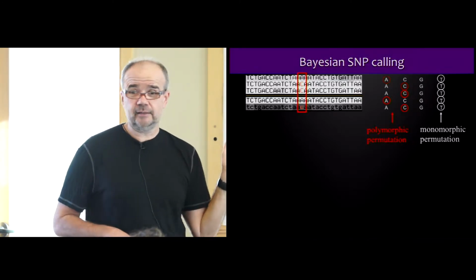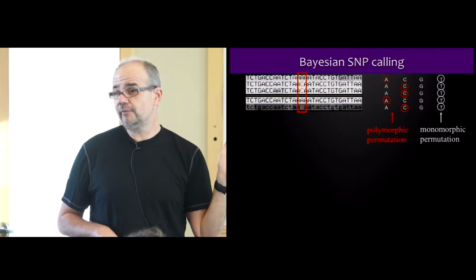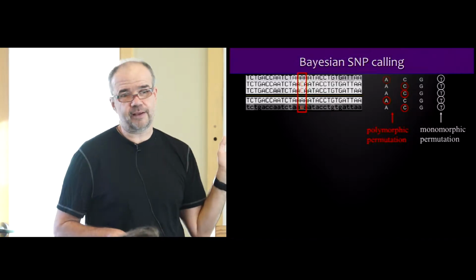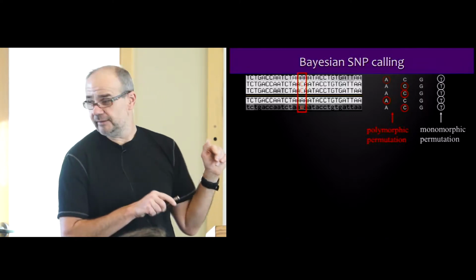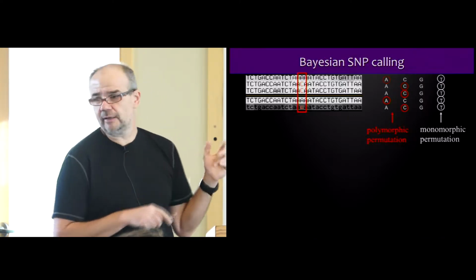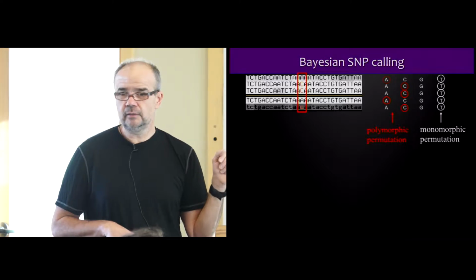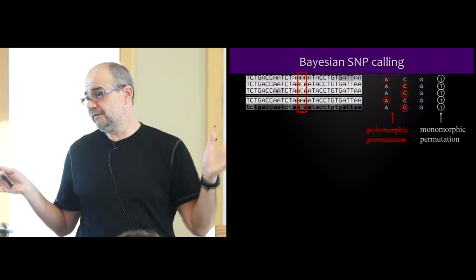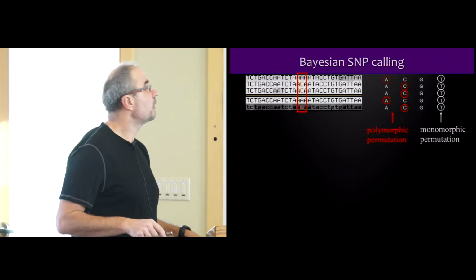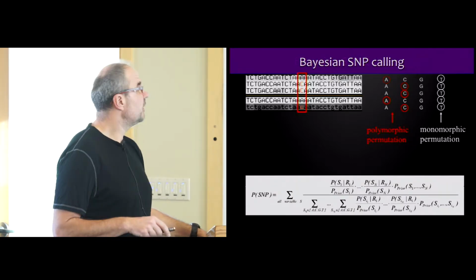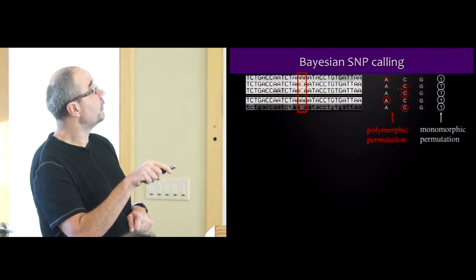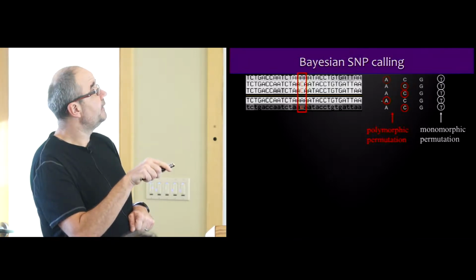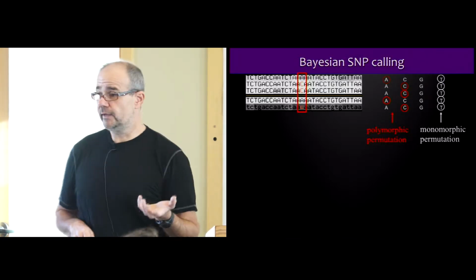Is that very likely? It's not very likely, right? That would be a lot of error. That would be a really, really bad base caller if that was the case. So this is not a very likely situation, but it's theoretically possible. What's also possible is that these C's are all correct, and this A and this A were misread.